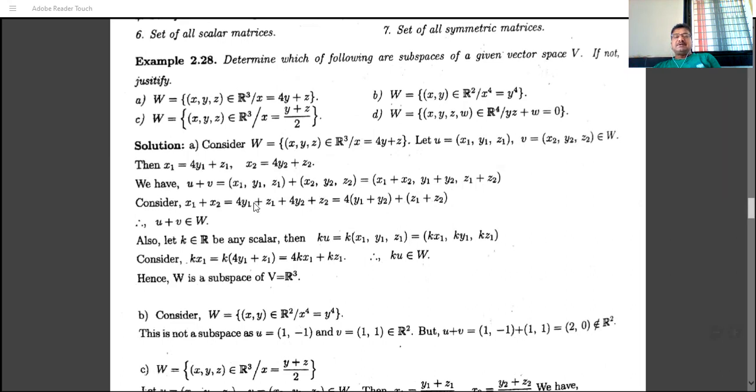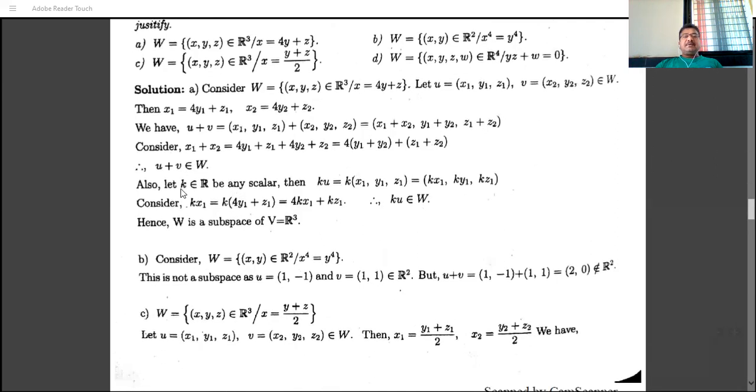So consider x1 plus x2. x1 is 4y1 plus z1, x2 is 4y2 plus z2. Take 4 common: 4(y1 plus y2) plus (z1 plus z2). So this element satisfies the property x is equal to 4y plus z, and therefore u bar plus v bar belongs to W.